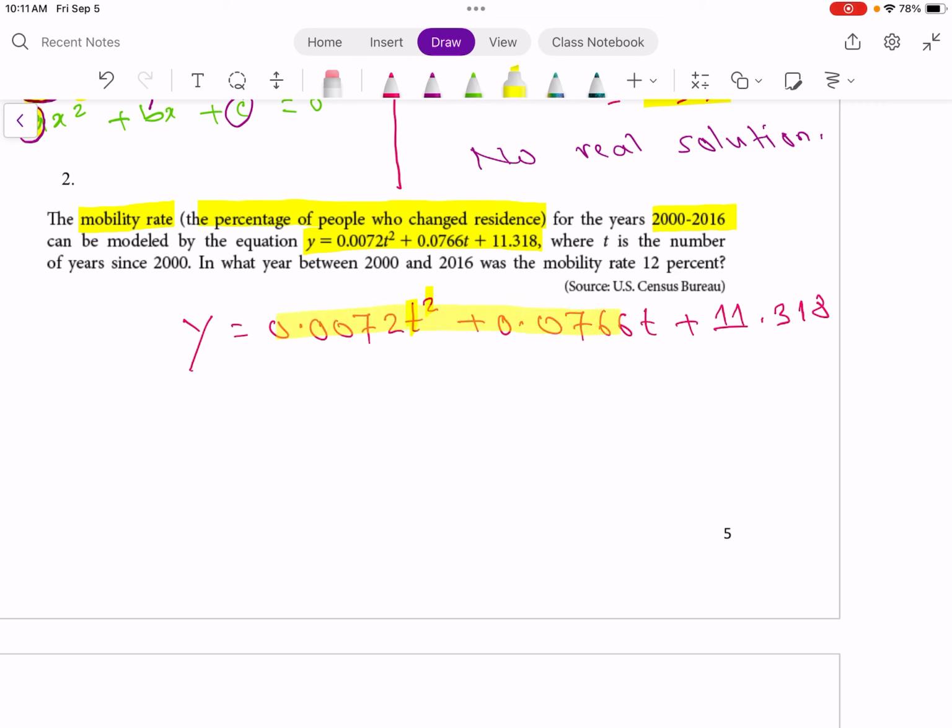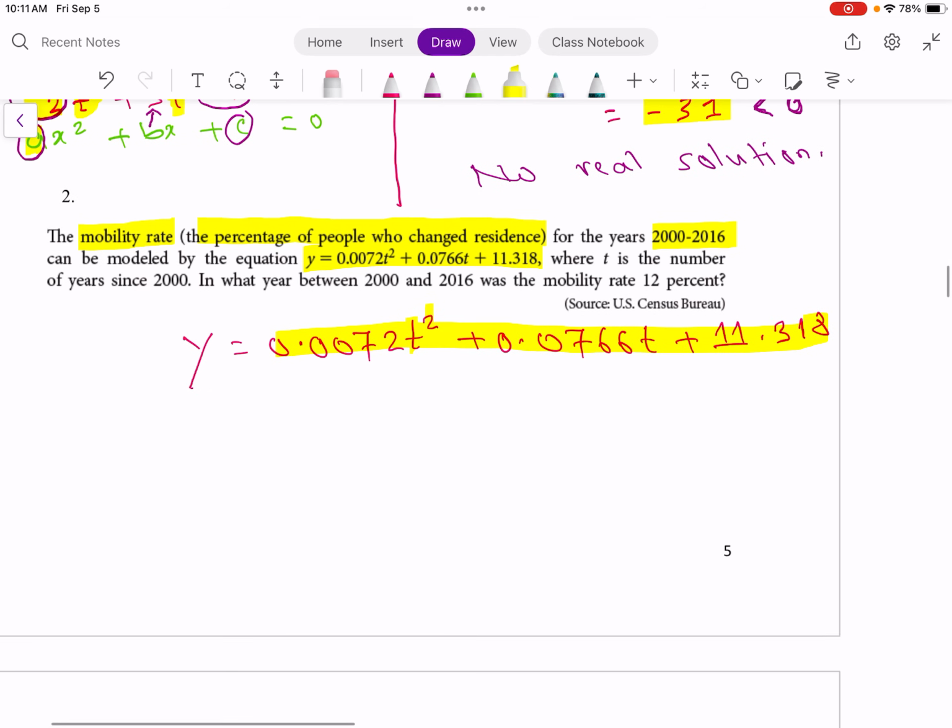This quadratic equation gives us the mobility rate, or the percentage of people who change residence. With the help of this equation, we can find the percentage of people who change residence.